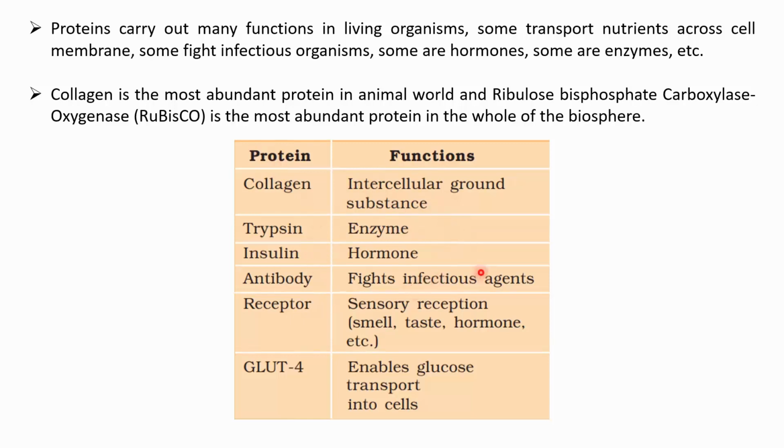Antibodies fight infectious agents. Receptors, for example, the various receptors present for smell and taste, and those for ligand-receptor reactions, have a role in sensory reception. Next is GLUT4, which helps in the transportation of glucose. It enables glucose transport into the cells.